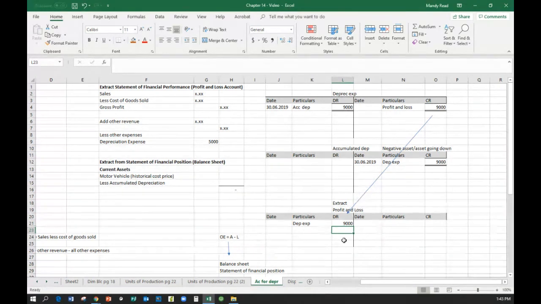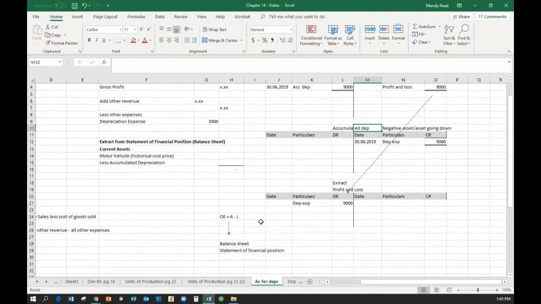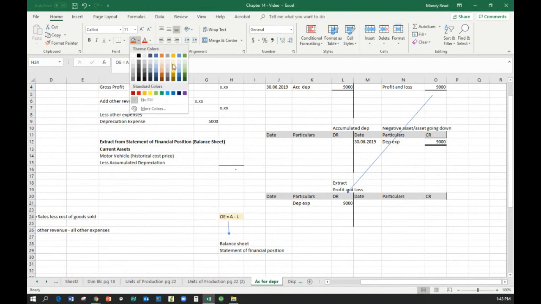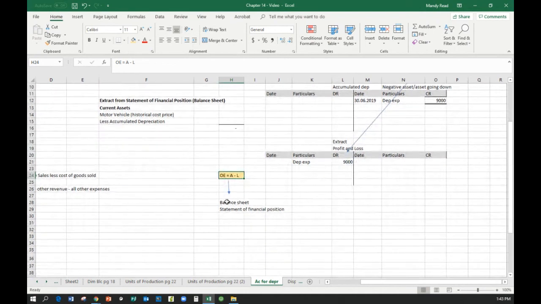So that's our ledger. We don't close the accumulated depreciation off. The reason why we don't is because all our asset and liability accounts and our owner's equity accounts stay open. Why do they stay open? Because they go onto the balance sheet where we have the statement of financial position. So here's our balance sheet here.